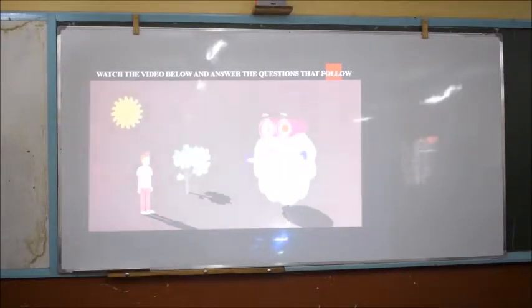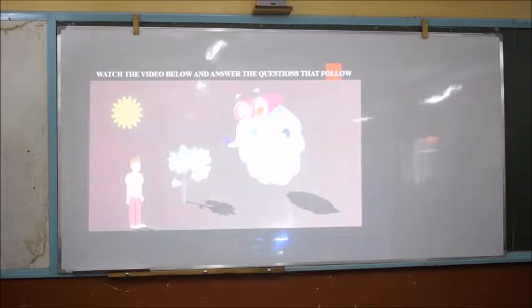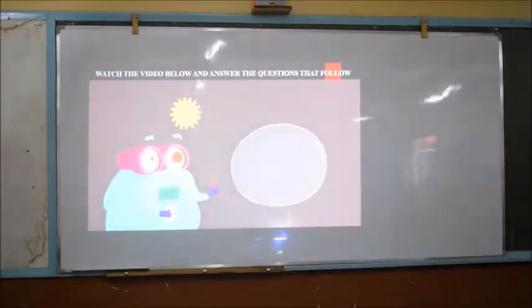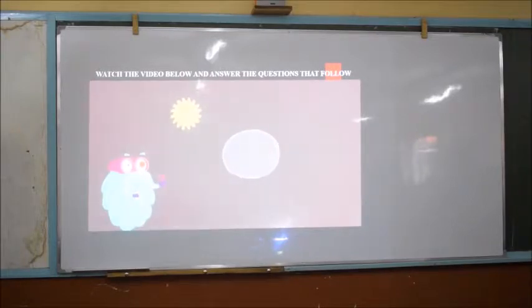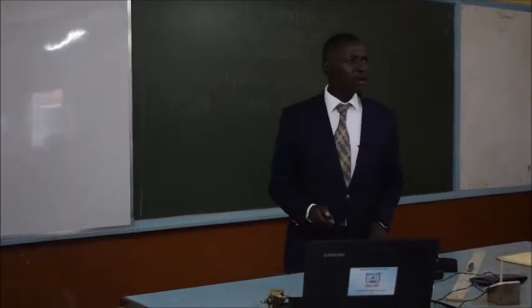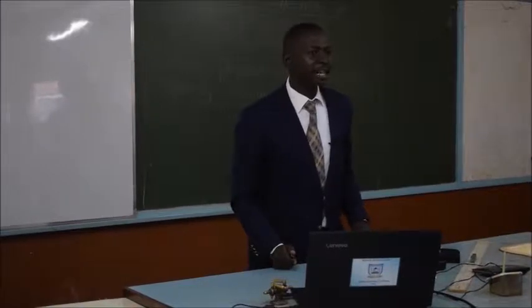For example, a tree will have a shadow, so will you and I. But not air and water. So we have shadows of objects that we can see. Why? Why do we only have shadows of objects that we can see?